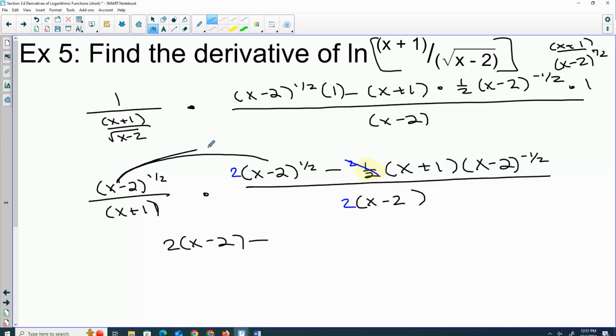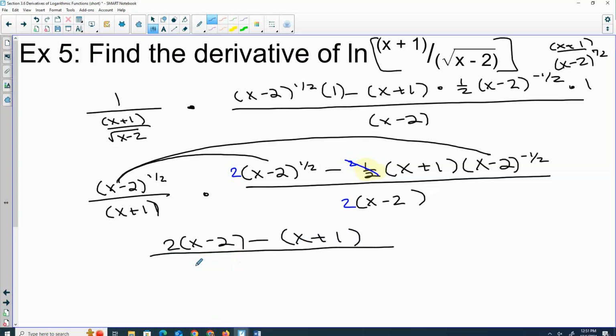Minus, what happens with x minus 2 to the 1/2 and the negative 1/2? Becomes 1. So we get x plus 1 over 2 x plus 1 x minus 2. What happened to your other x minus 2 with the negative 1/2? I multiplied it with this one. Oh, negative 1/2 plus 1/2 is 0, and it's a 1. Gotcha.